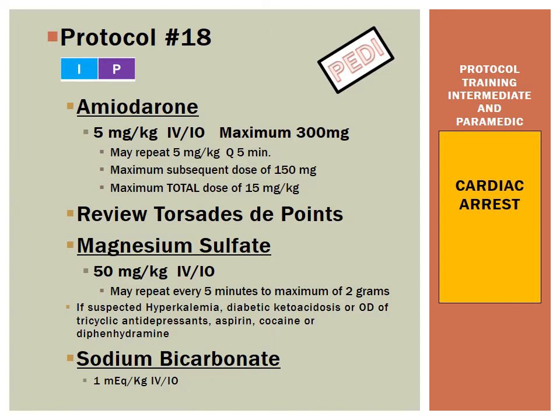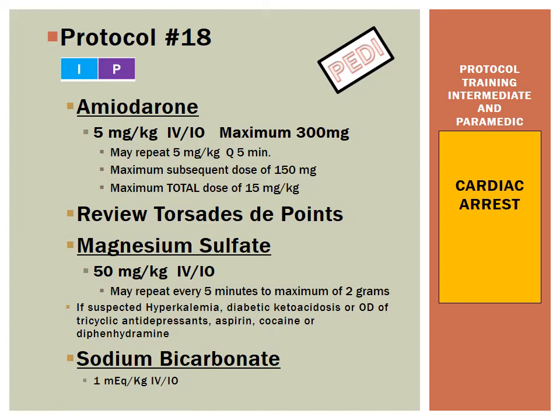Maximum subsequent doses of 150 milligrams and a maximum total dose of 15 milligrams per kilogram. So you may give your second dose twice. So an initial dose of 5 mg per kg, a repeat dose of 5 milligrams per kilogram, and a repeat dose of 5 milligrams per kilogram.